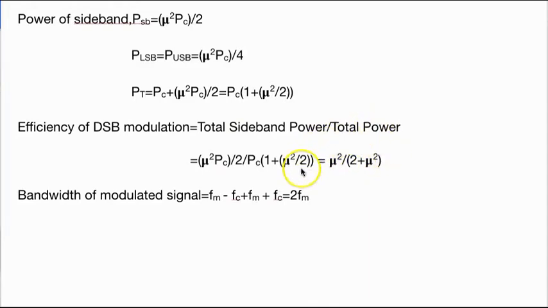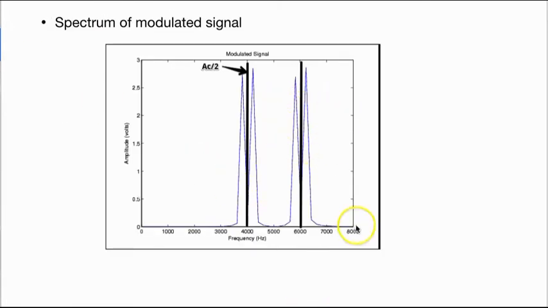That formula which I told you earlier is derived from this basic formula. The bandwidth of the modulated signal will be 2 fm. Though it has been modulated to a high carrier frequency, the bandwidth remains the same. This is a representation of a double sideband.